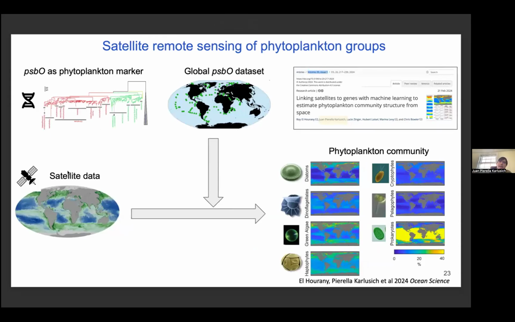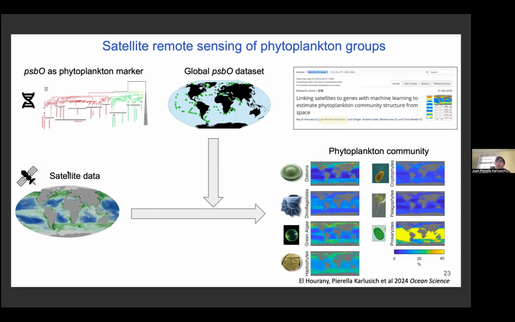Another example of data set integration is related to the analysis of PSBO.